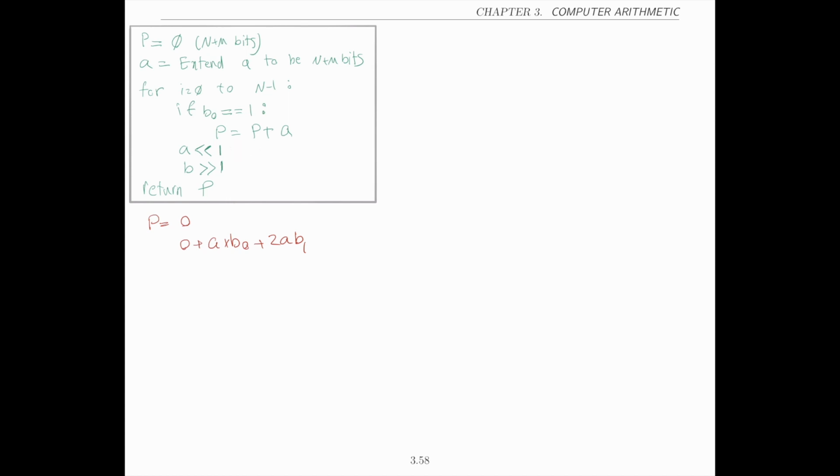Then in the next round, it's going to add to it 2 to the power of 2, because we shift one more time, b2, and then 2 to the power of 3, b3.